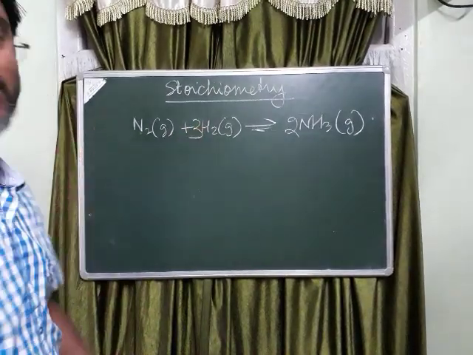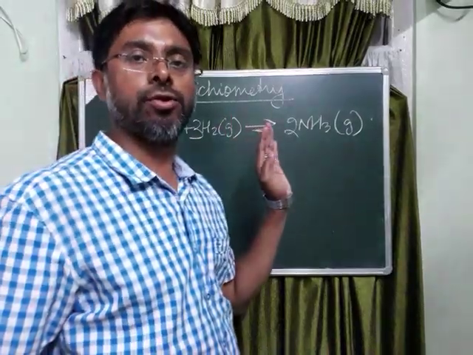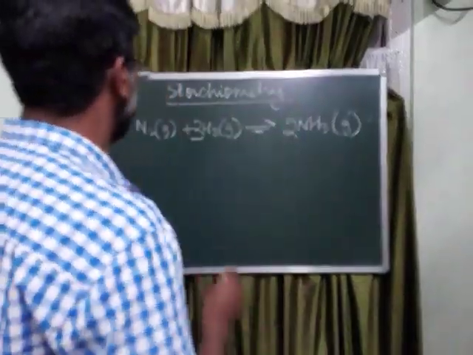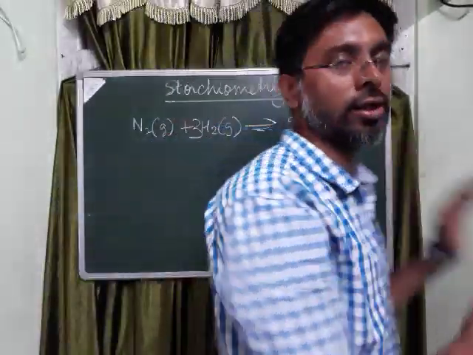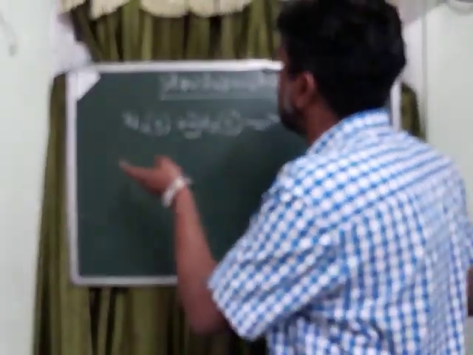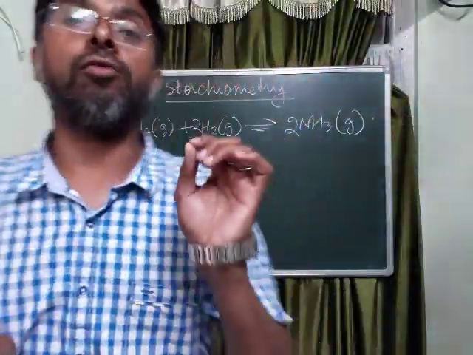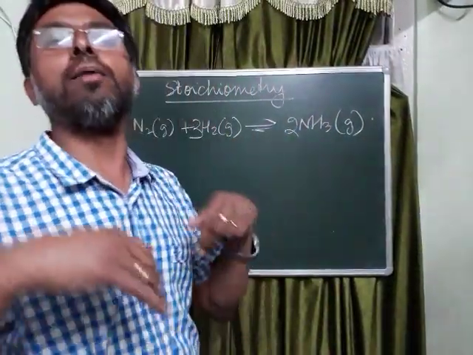Now, according to stoichiometry, this is a gaseous reaction altogether, so here I will not talk about grams or kilograms of the reactants or products. Here I will talk about the volume, maybe in liters or milliliters.